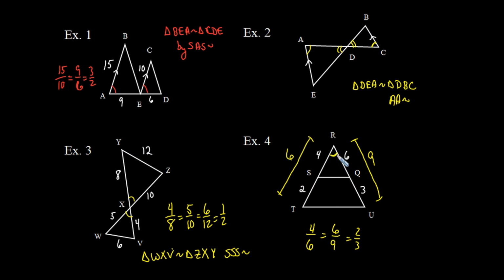And so angle R is congruent to itself, and therefore we would have side angle side similarity. And we would have triangle RSQ is similar to triangle RTU. So triangle RSQ is similar to triangle RTU by the side angle side similarity. Let's write that underneath. Side angle side similarity.